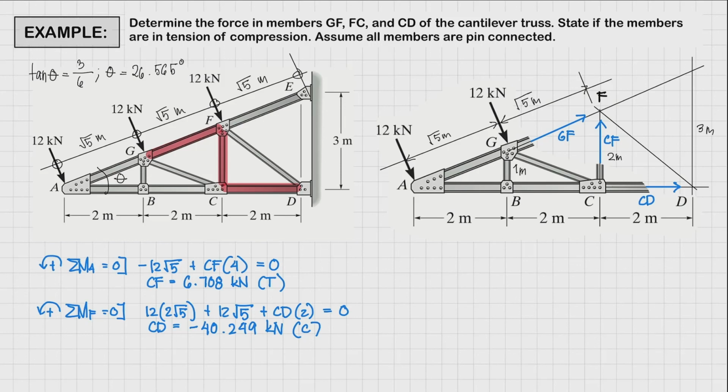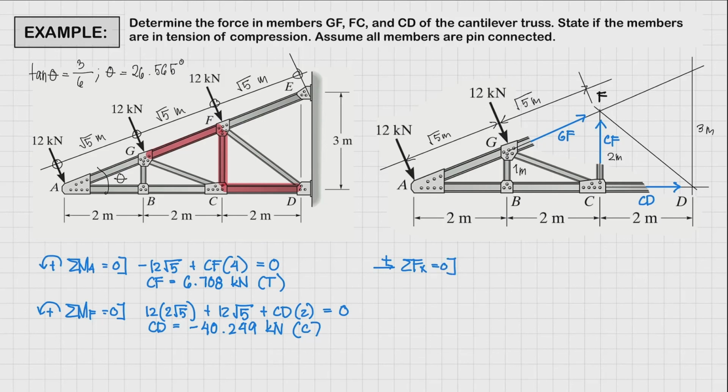So maybe let's use summation of forces along the x-axis. Alright, so let's write that. We're going to assume the positive direction towards the right side. Summation of forces along the x-axis must be equal to 0 for equilibrium.